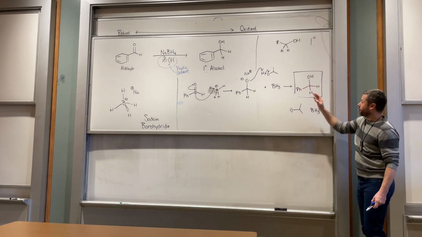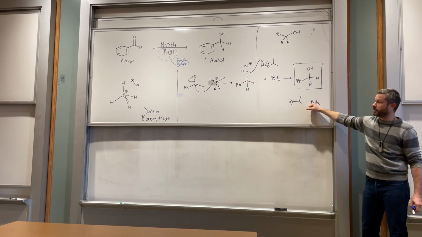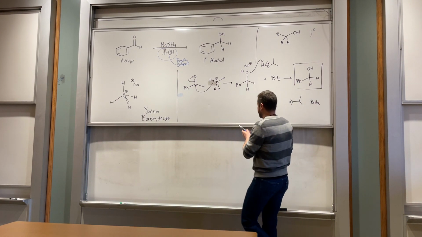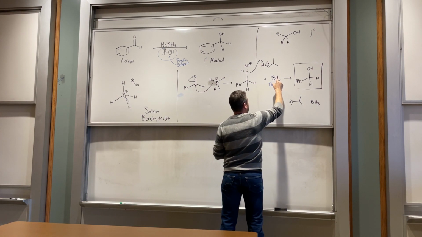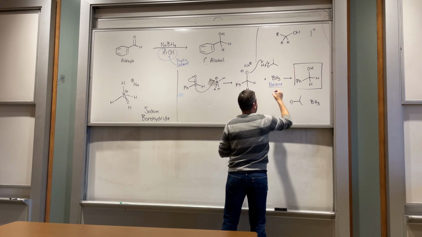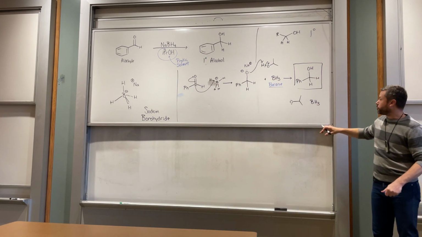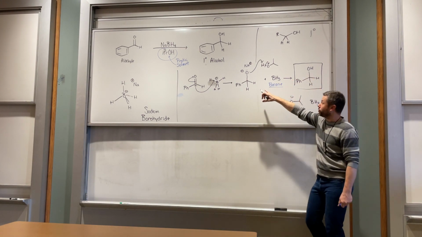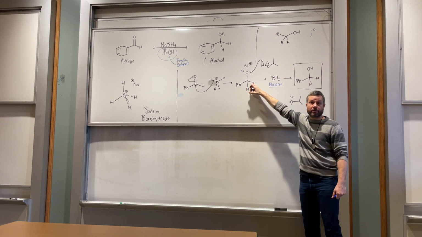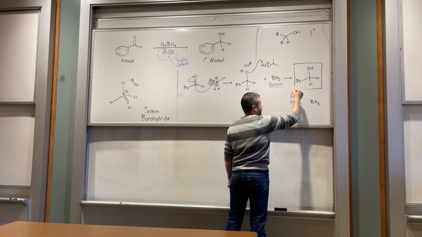Okay, so even though we have our product, I do want to go over what the fate of this borane is. So we use the borohydride, we create something called BH3, which is called borane. And that borane is going to react with an alkoxide. That alkoxide could be the alkoxide that we formed here, but it can also be the alcohol that gets deprotonated in the reaction.